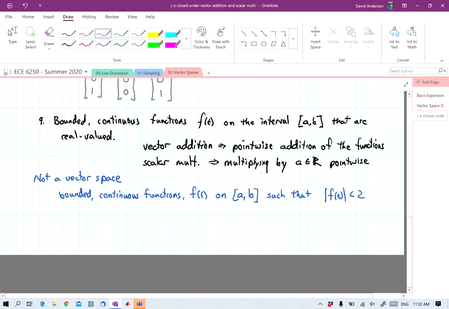And so this is not because it's not closed. Everything else still works, but you could see that if we were to multiply f of t by, say the maximum value in our particular sample f happened to be 1, we multiplied that by 30, we're no longer in that vector space. So this is the main problem here. In fact, most things that look like they might be vector spaces, if they aren't, it's usually because they're not closed.